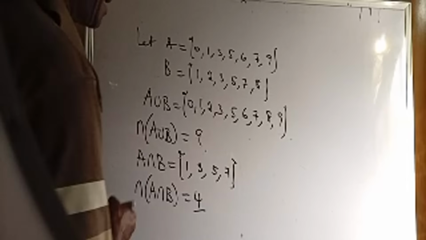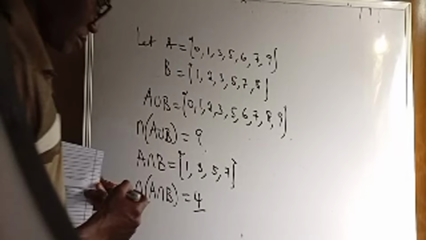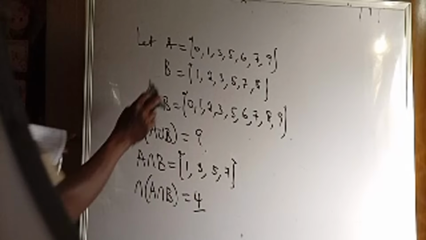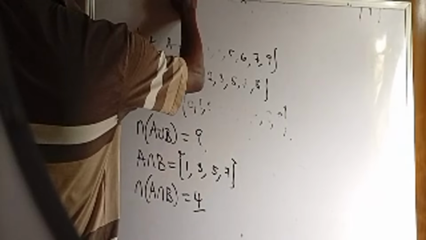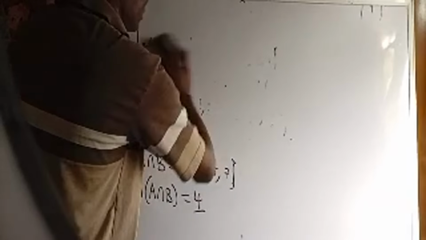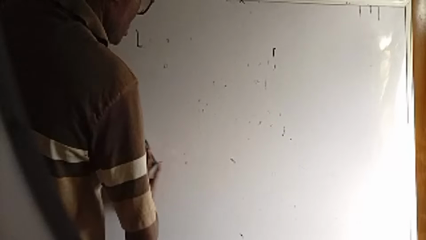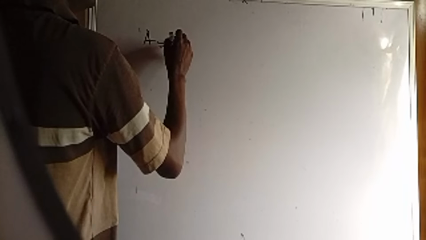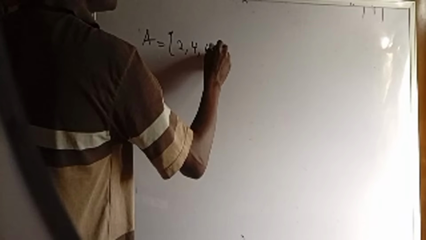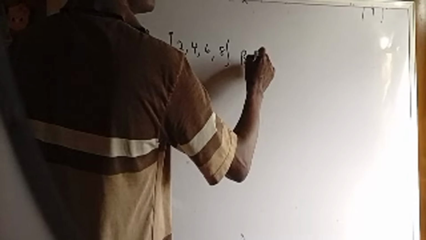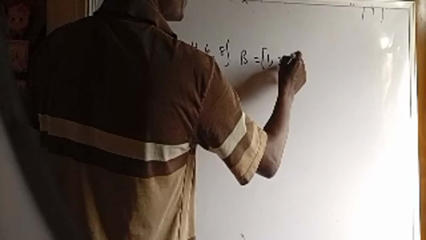Okay, but look at this. Let me give us another example. Suppose we have set A equals 2, 4, 6, 8, and set B equals 1, 3, 5, 7.